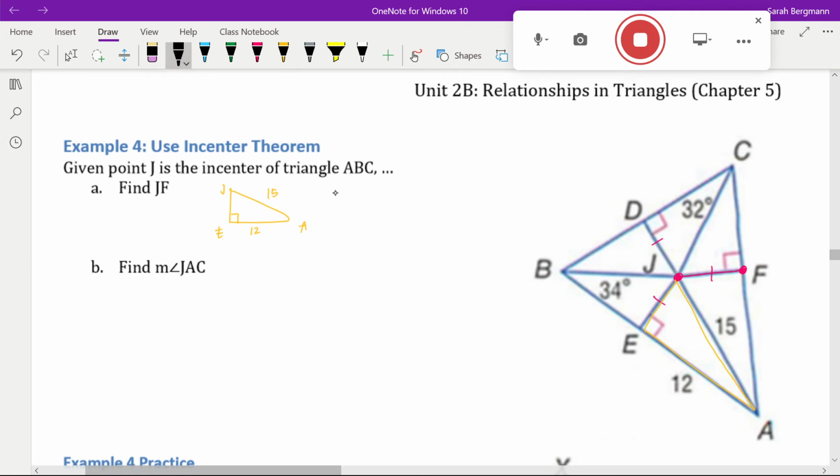So I can use the Pythagorean theorem to say that JE squared plus 12 squared must equal 15 squared. 15 has to be the value of c because it is the hypotenuse. It's the one across from the right angle. To solve this, I'll simplify.